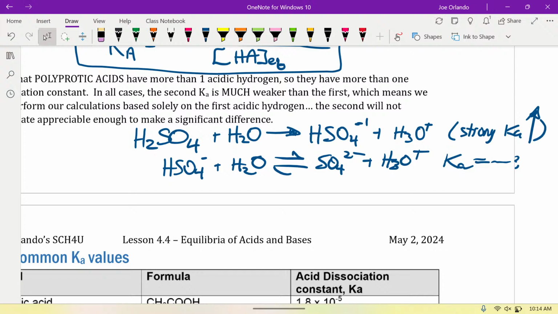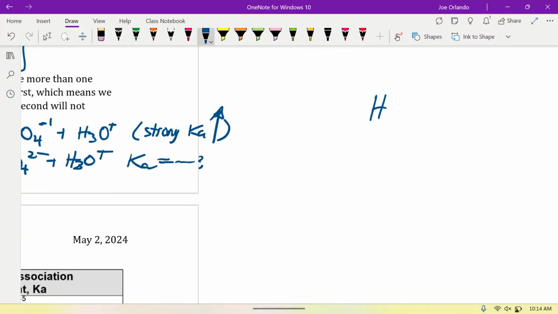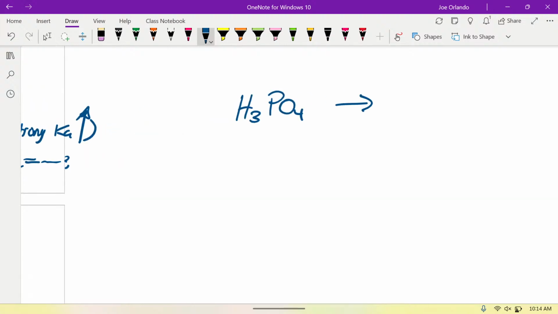It doesn't lose all of them at once. It's easy to lose the first hydrogen. The second hydrogen is harder to lose. Can anyone think of one that has 3 hydrogens? H3SO4 doesn't exist, but H3PO4 exists. And so that can become H2PO4- and an H+. That 4 should be at the bottom.